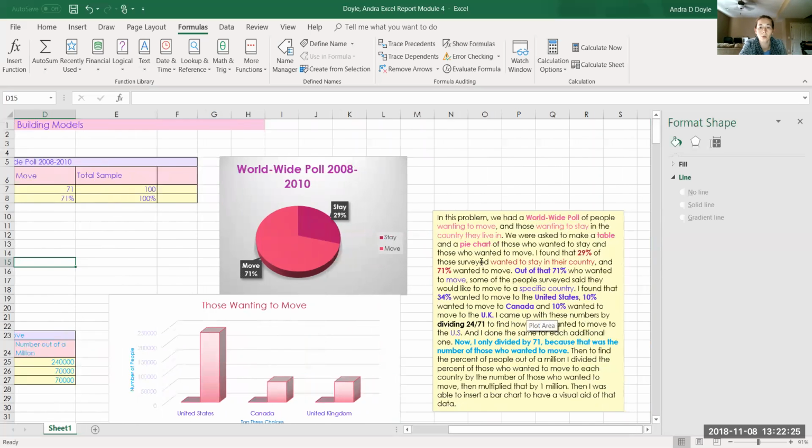I found that those who wanted to stay in their current country was 29%, and those who wanted to move was 71%.